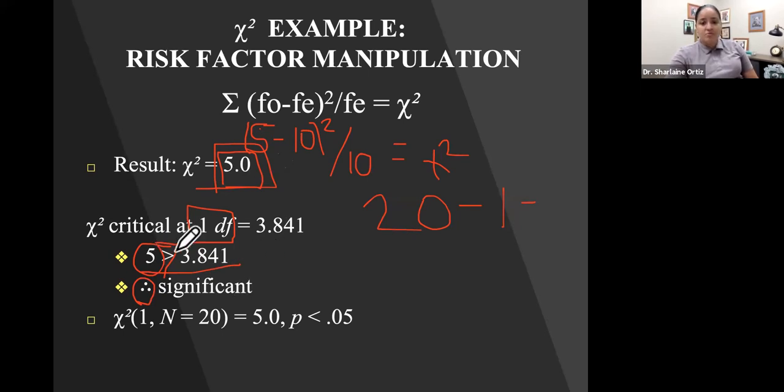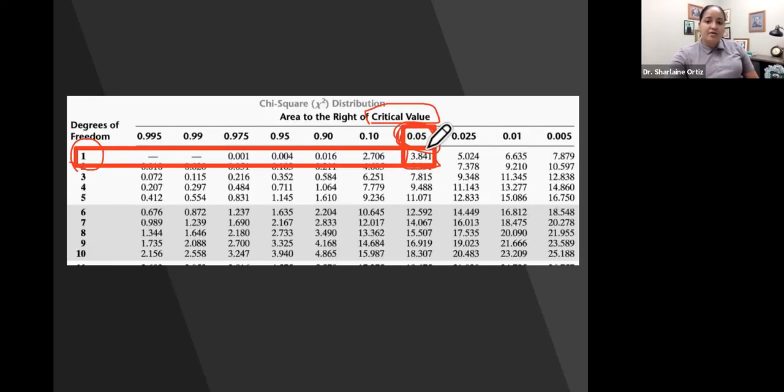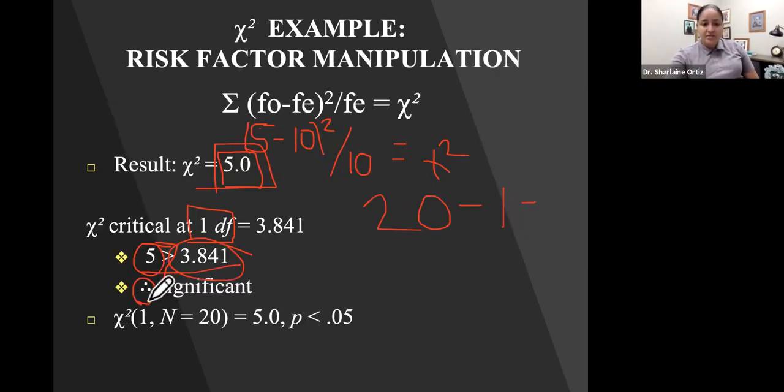Because my 5 was greater than that critical value at a significant level of 0.05, I can ascertain that my difference was significant.